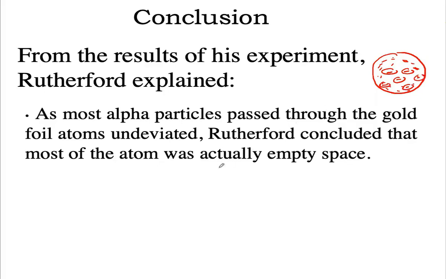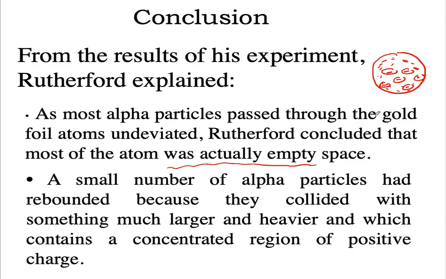So Rutherford suggested that the atom is not actually fully filled with a fluid. Most of the atom is empty space, and the electrons which exist within this atomic structure exist within discrete orbits.